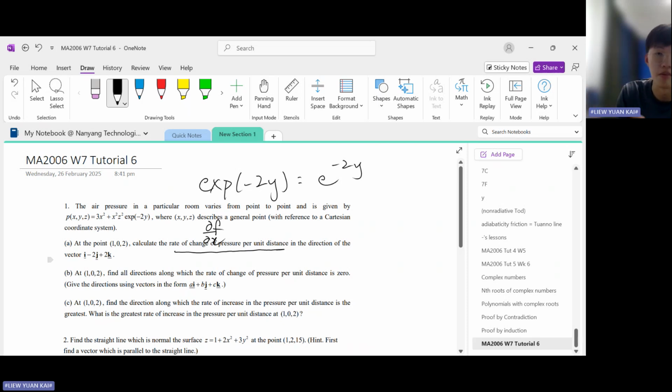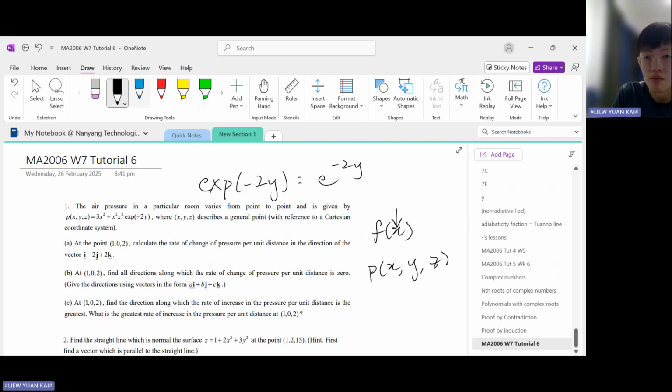Single variable calculus means there's only one variable, only one x. But now we're dealing with multivariable calculus. P is a function of x, y, z, so there are multiple variables, 1, 2, 3. So how do you find the rate of change of a function per unit distance in the direction of a vector?